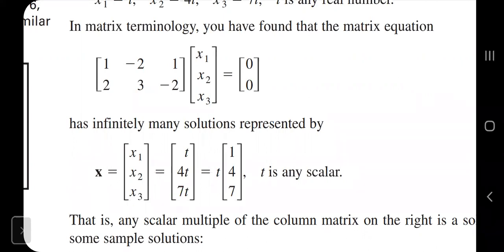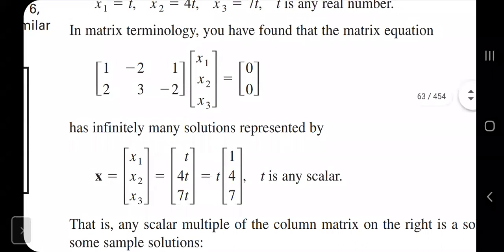This is something we did already, just not in matrix terminology. We would have said X equals T, Y equals 4T, Z equals 7T. We did a whole bunch of problems like this in the previous chapter. I'm just putting it all in matrix form now.